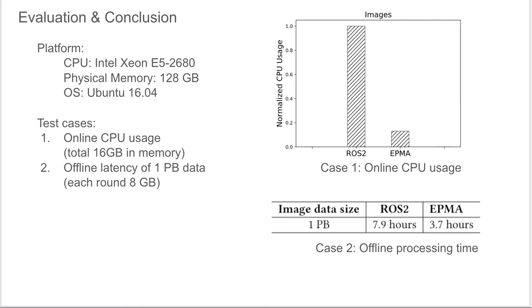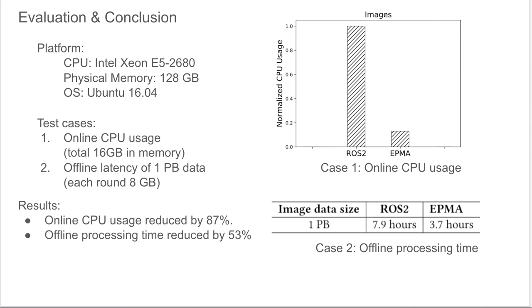And the result of case two shows that for the offline processing time, the EPMA method is able to reduce the whole process time from 7.8 hours to 3.7 hours. The results show online CPU usage is reduced by 87%, and the offline processing time is reduced by 53%. So the whole principle for this approach we found is we only need to access what we need.